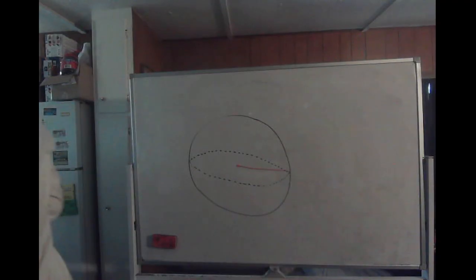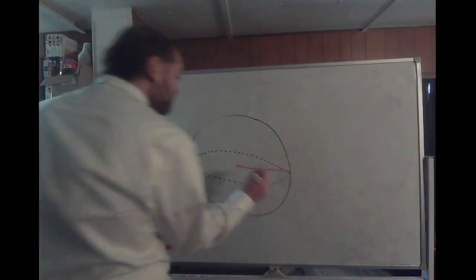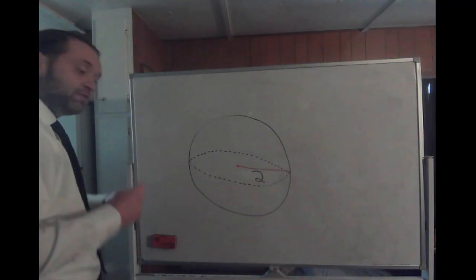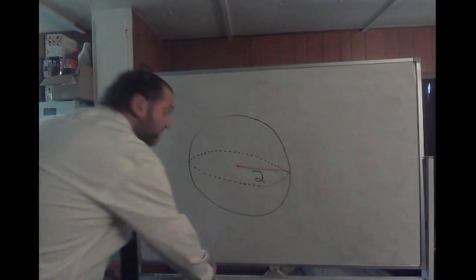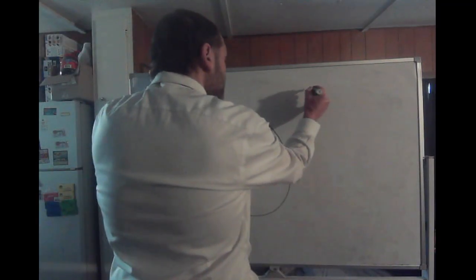We are given a sphere with a radius of 2. We need to find the surface area and the volume. Well, let's find the surface area.